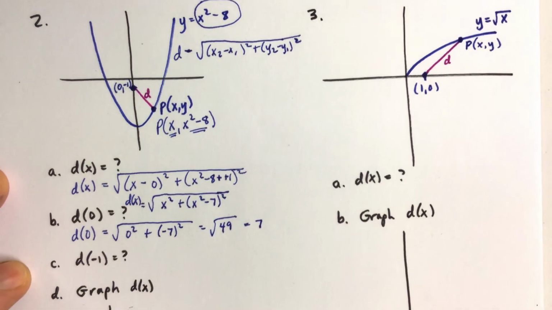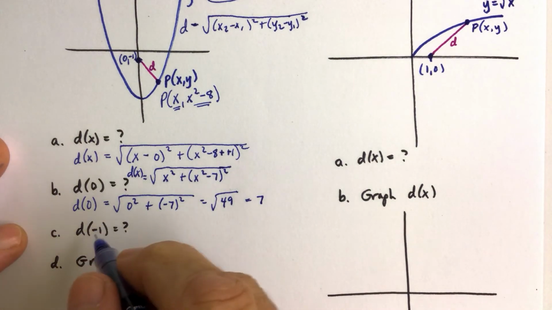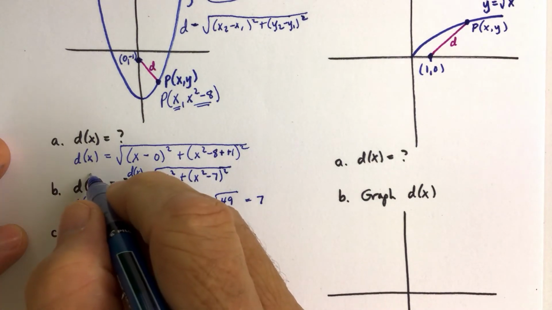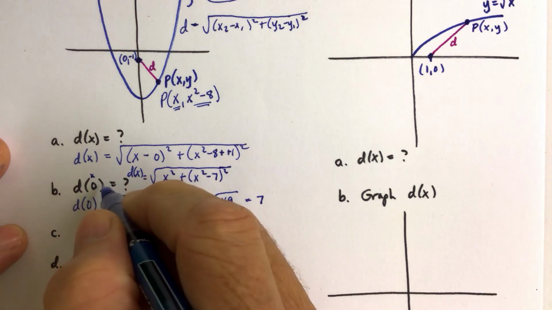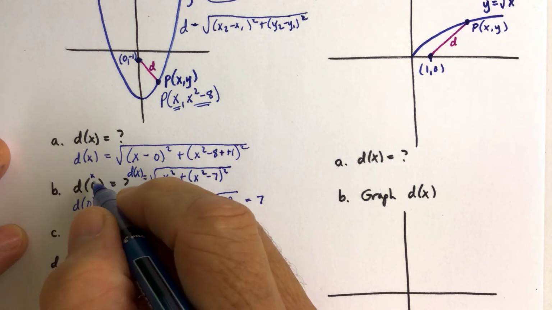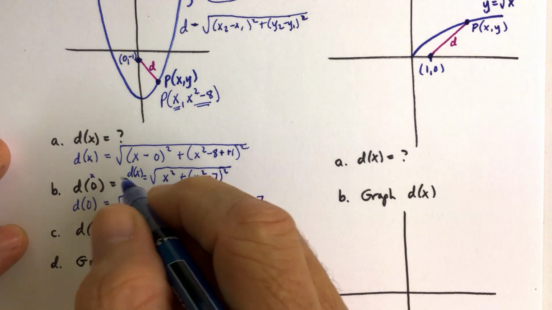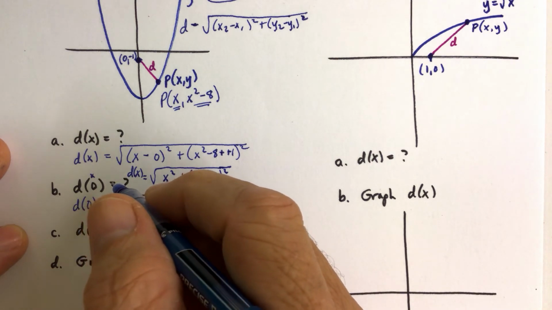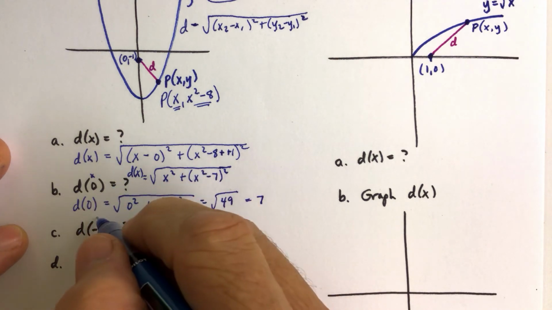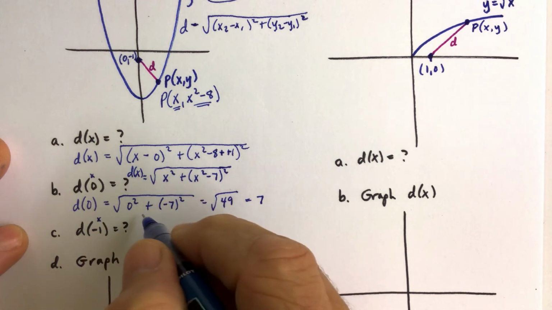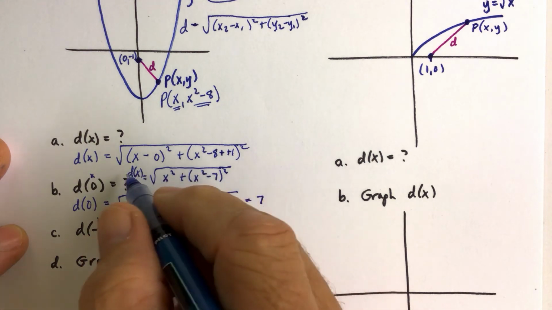And then if we replace x with -1, again, what's inside the parentheses is the x value, the domain value, the input, the independent variable, whatever you want to call it. It's still what you put in, and what you get out is d of x.